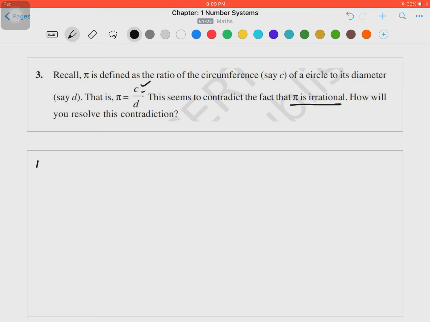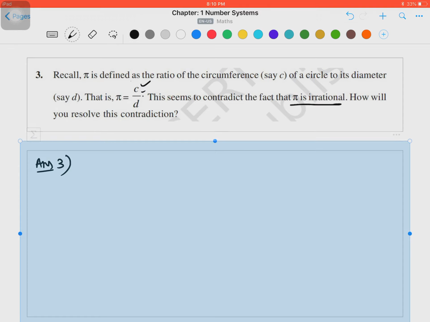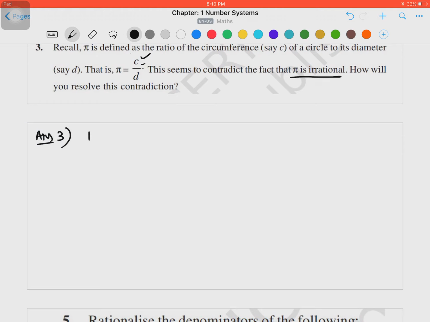So the answer for this one is: there is no contradiction.